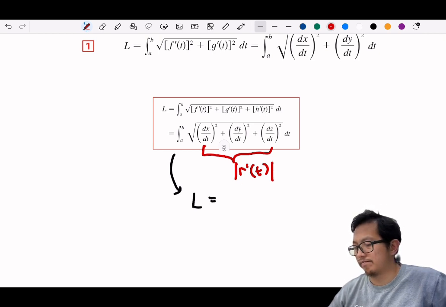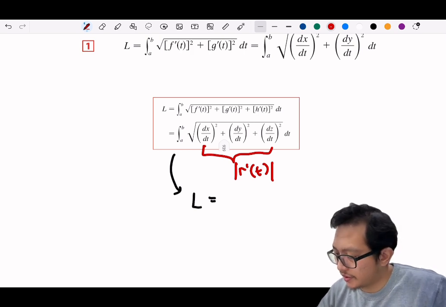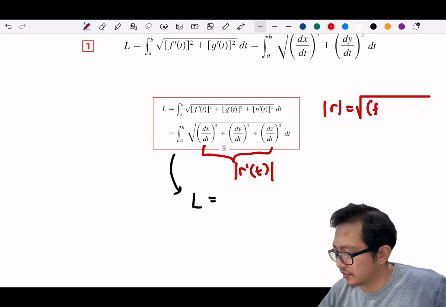Remember that the magnitude of the vector is equal to the square root of f squared plus g squared plus h squared, right?